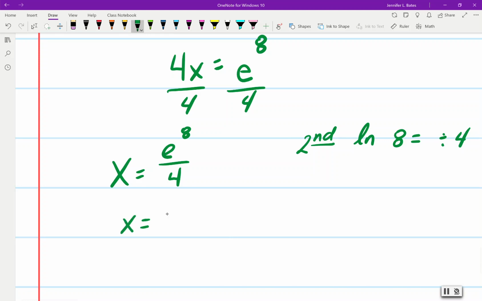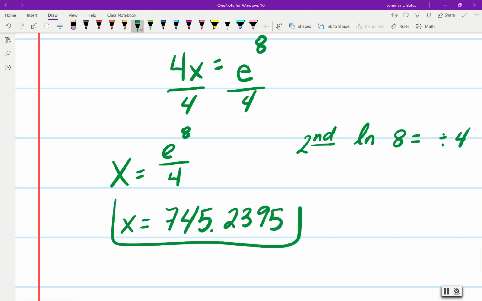So we should get a kind of big number, 745.2395. So let's go through this again. You're hitting second, then the natural log button, then 8, enter, and then divide by 4, enter.